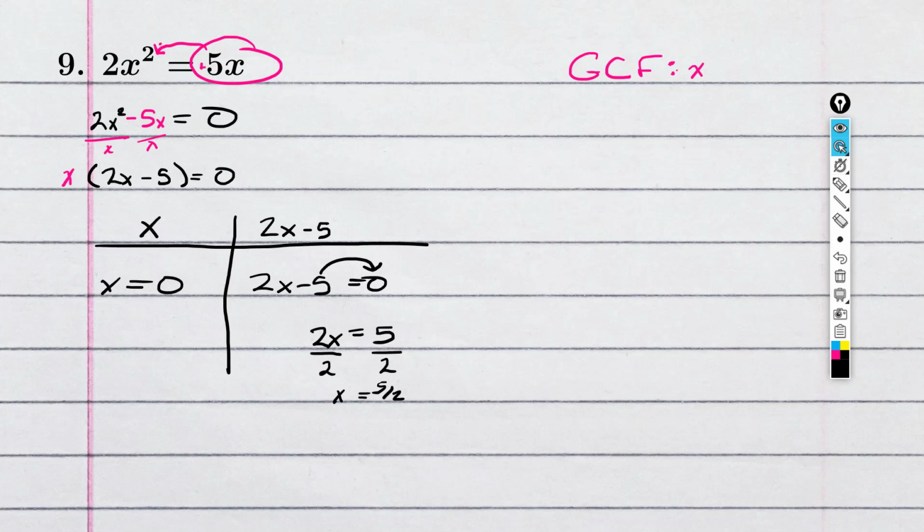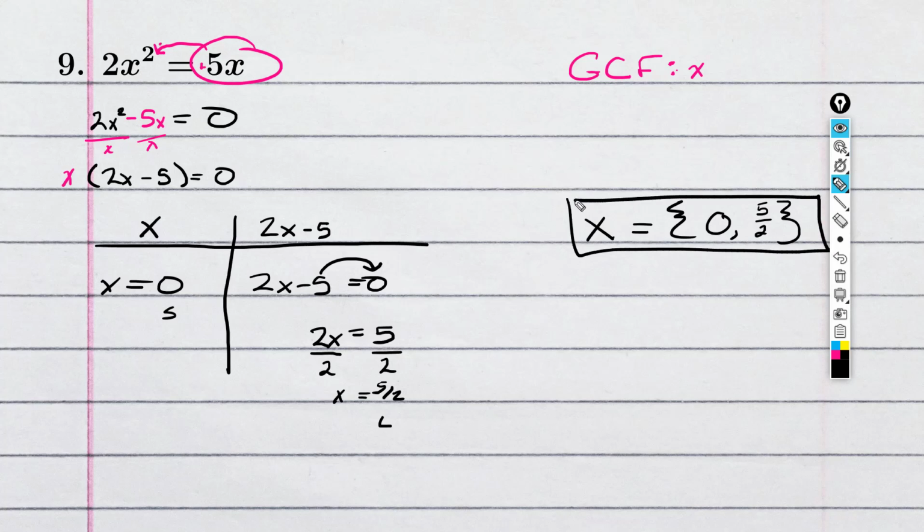So we've got each of those solved for x. So now let's just write our solution. We say x is equal to the set, and then we look for our smallest number and our largest, 0, 5/2. And that's your answer.